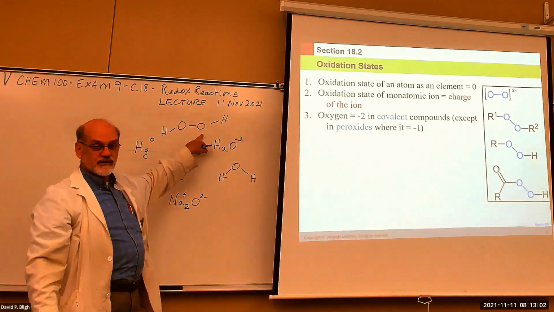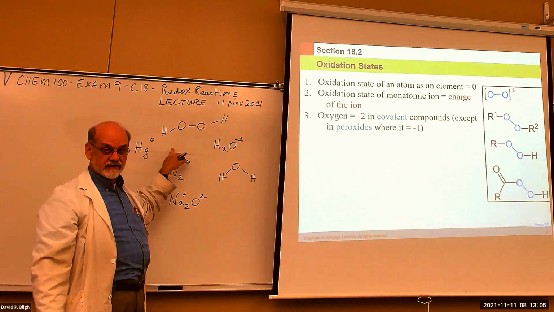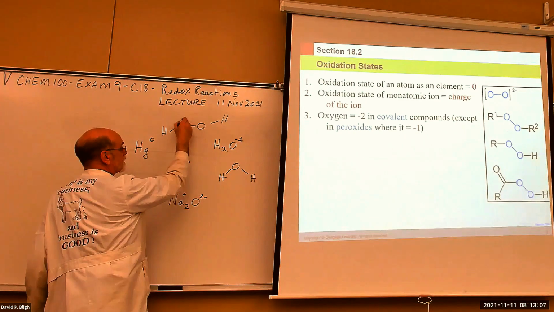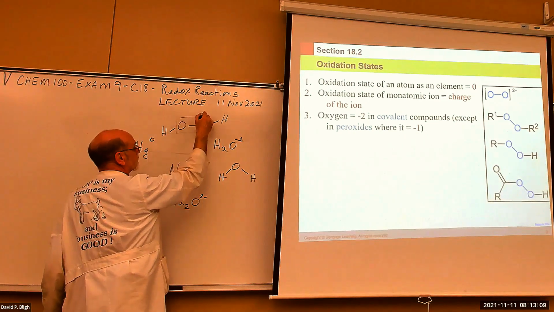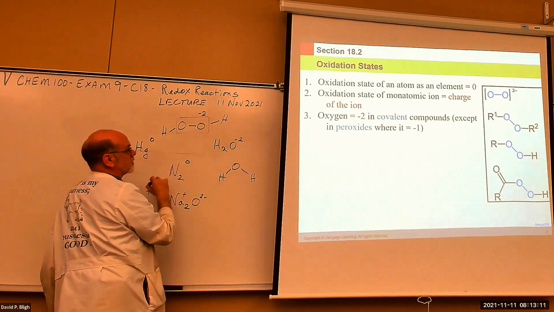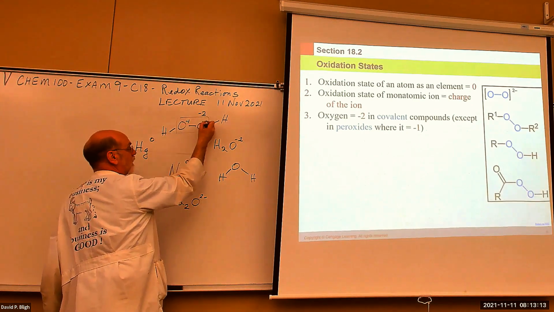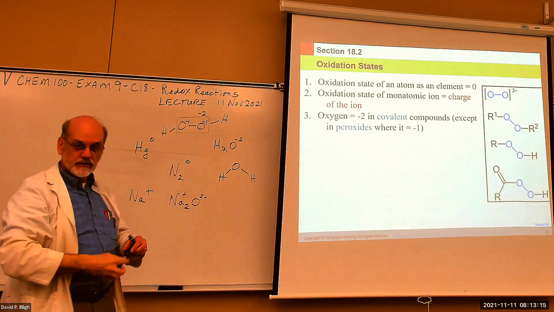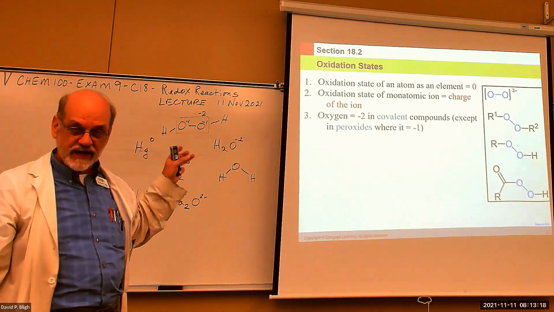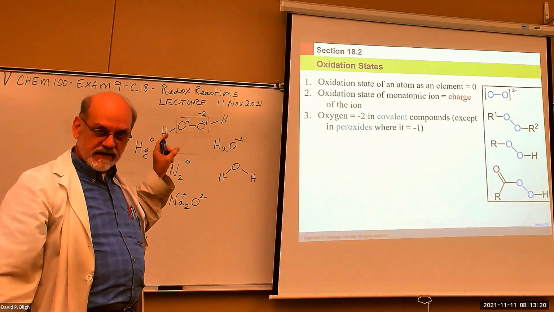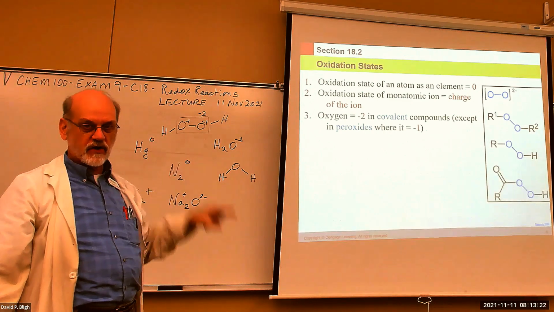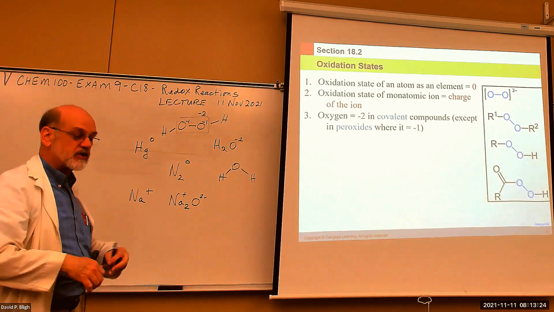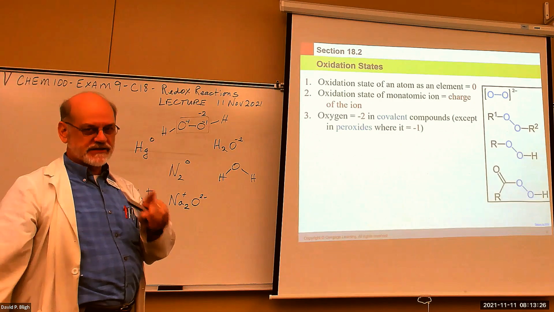It has two oxygens bound together with hydrogens on either side. In this case, both of them together are -2, so each one is -1. So if we encounter a compound with peroxides, each oxygen has a -1 charge, a -1 oxidation state.